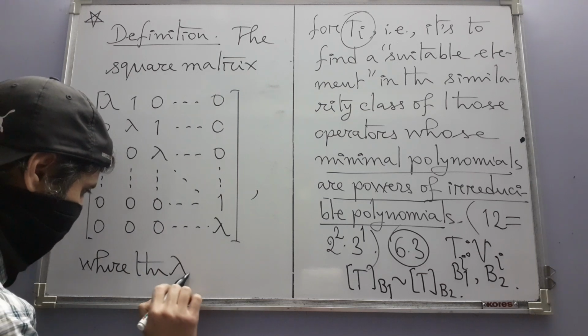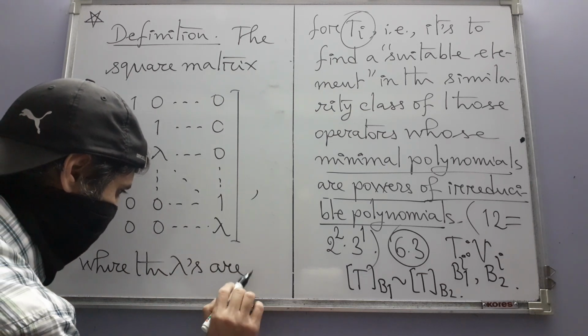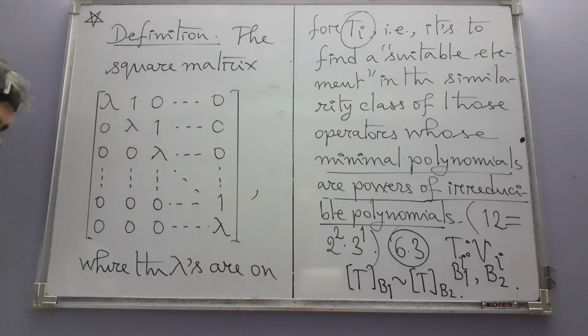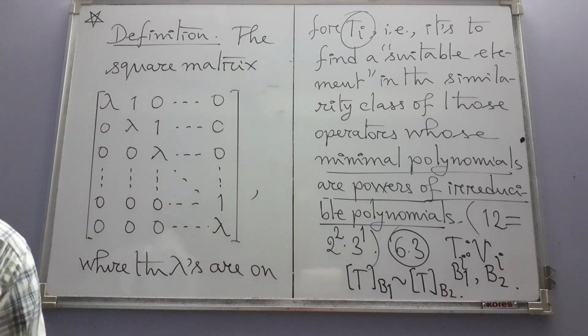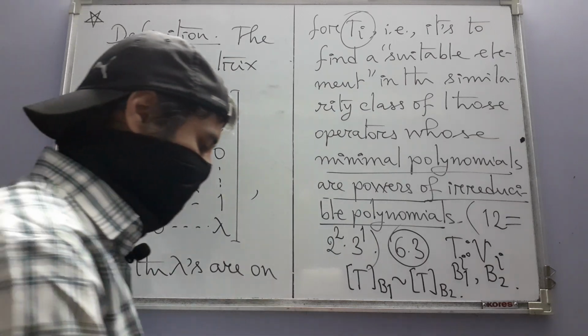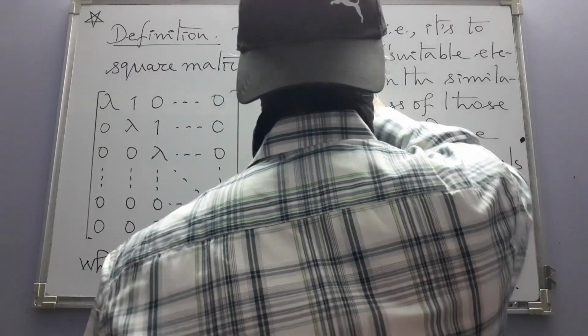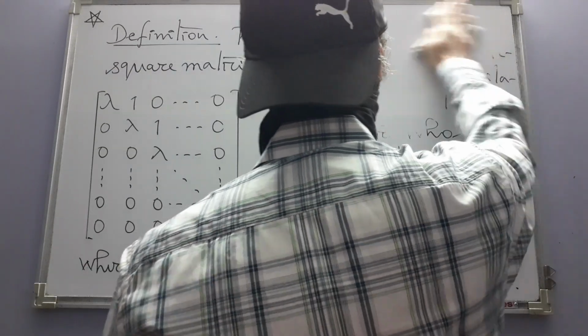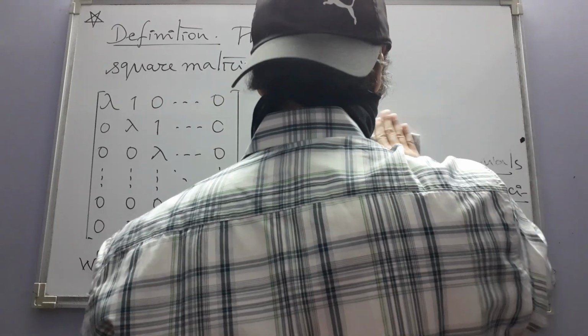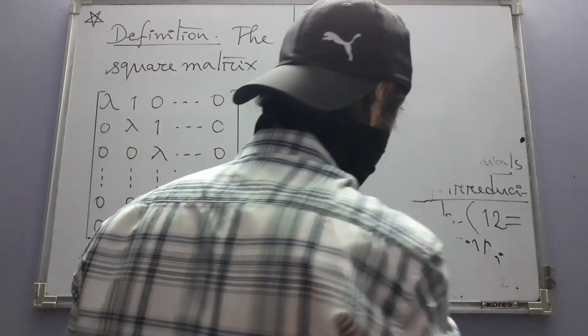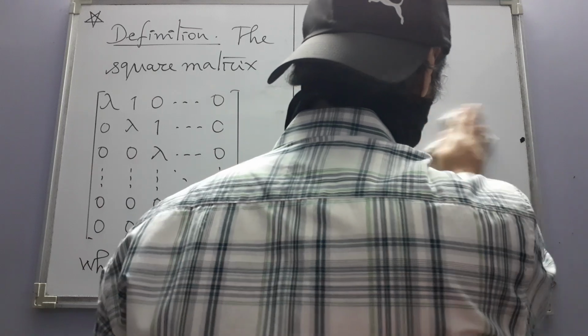I don't have it written here exactly, so I forgot what the language is that the author has used. But the fact is just this: this is the matrix, this is the form of the matrix.